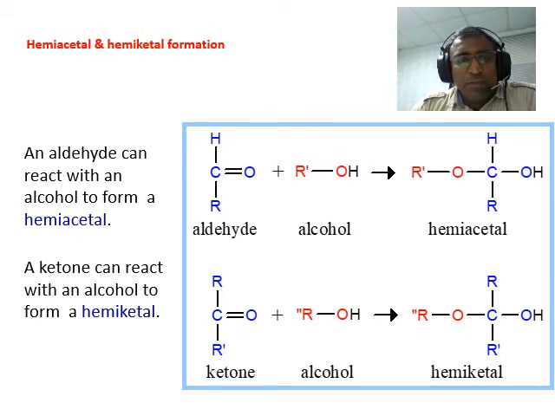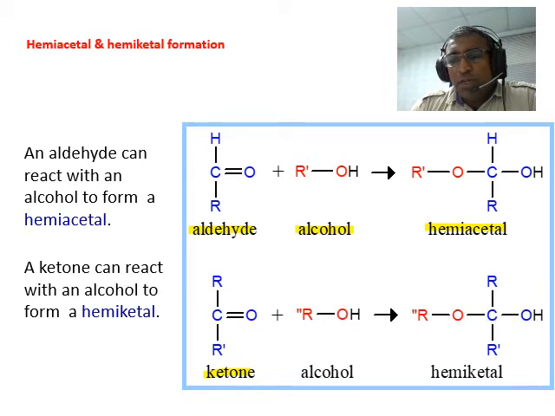Here is shown the formation of hemiacetal as well as hemiketal. In order to form hemiacetal, you need an aldehyde, and then you also need the functional group, an alcohol. Eventually they react and form hemiacetal. And then to form hemiketal, you need a ketone rather than an aldehyde to link with alcohol.